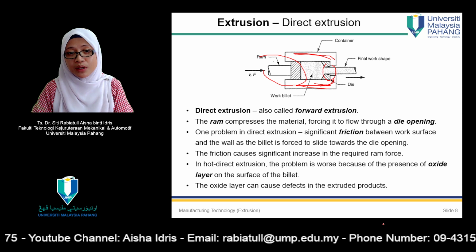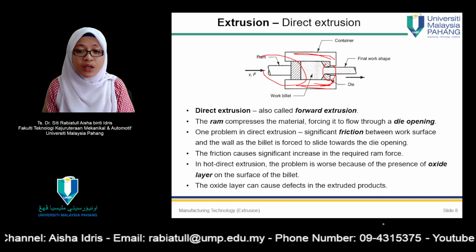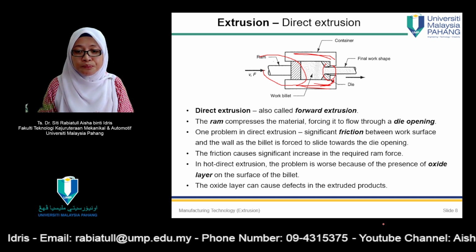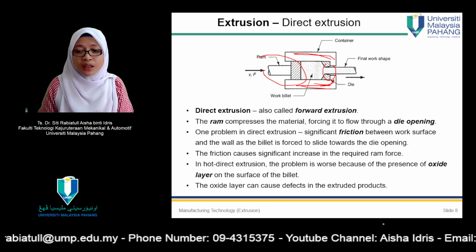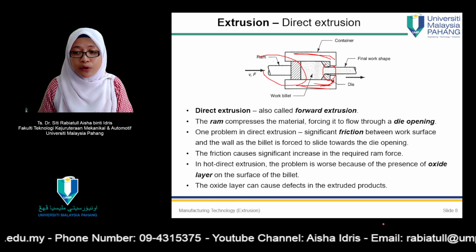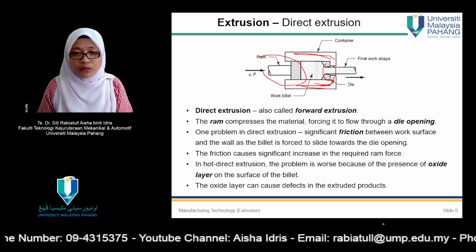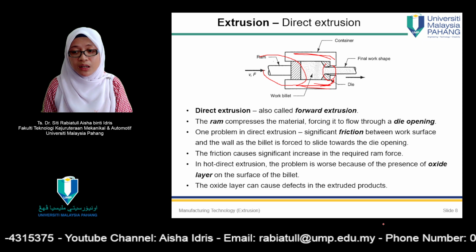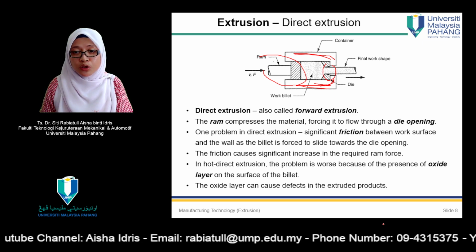Similar things were shown to you through the video just now, and the friction can be reduced by using lubrication, for example. And if we don't overcome this friction, it will increase. If the friction increases significantly, then a higher force value is needed to move the ram.